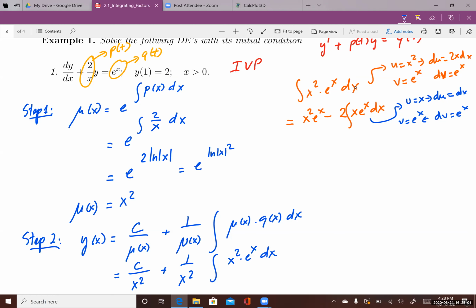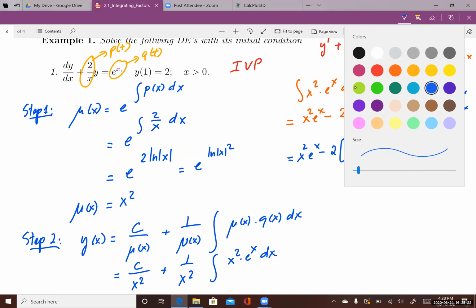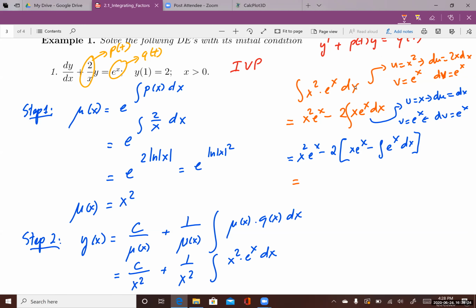Then this will equal, again I just carry this down, minus 2 times uv, which is x e to the x, minus the integral of v du, which is e to the x dx. So this gives us the answer: x squared e to the x minus 2x e to the x plus 2 e to the x plus c.